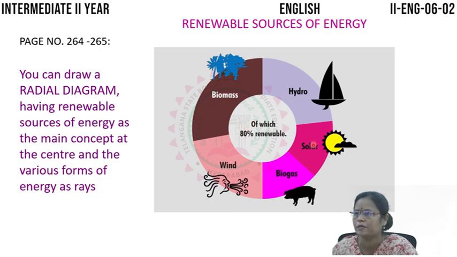It is similar to your spider diagram also, like biomass, hydro, solar energy, biogas, wind energy. This way, the renewable sources of energy can be represented through this type of radial diagram.